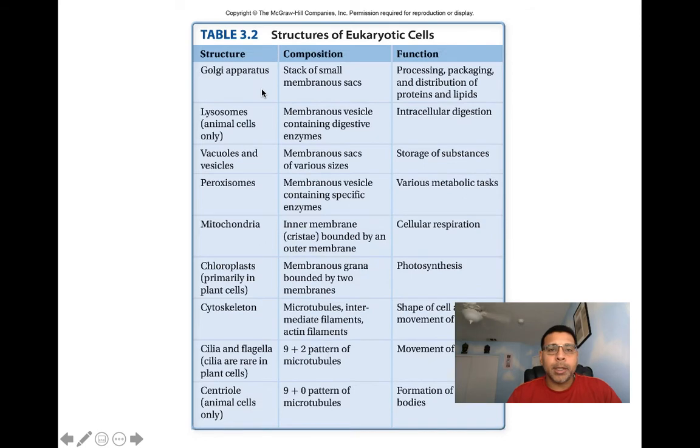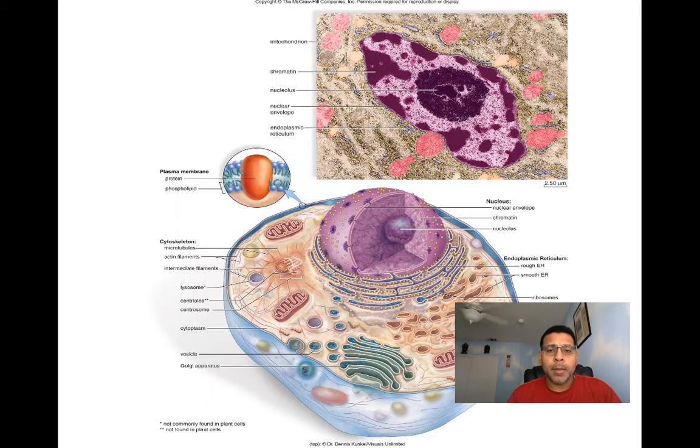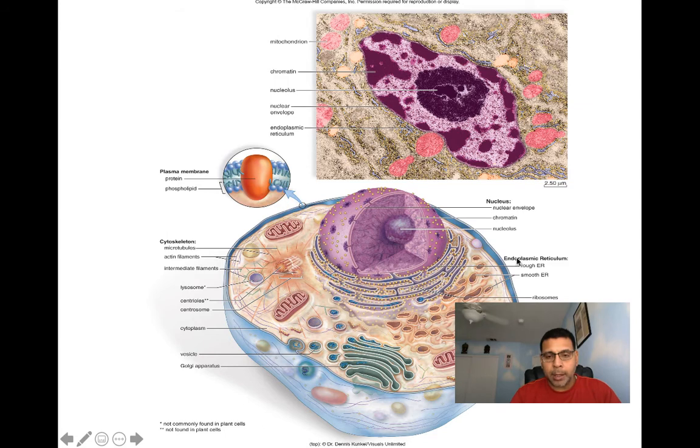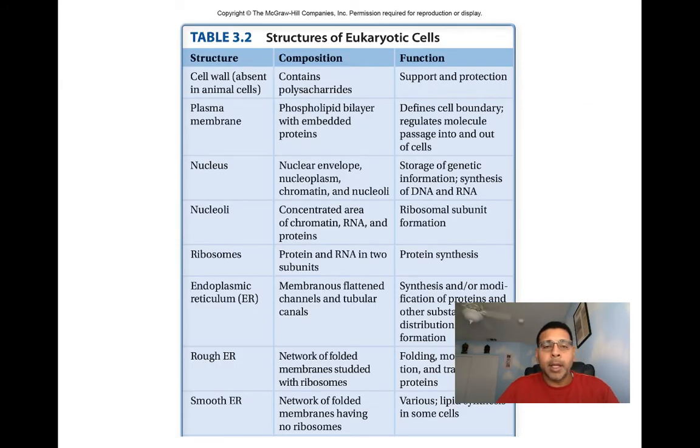First, we can appreciate all of those structures not by a list, but by visualizing them as a picture of a cell. Here we can see a few structures: the cell wall, the plasma membrane, the nucleus, nucleoli, ribosomes, and the endoplasmic reticulum, or ER, with the rough ER and smooth ER as its two subdivisions.